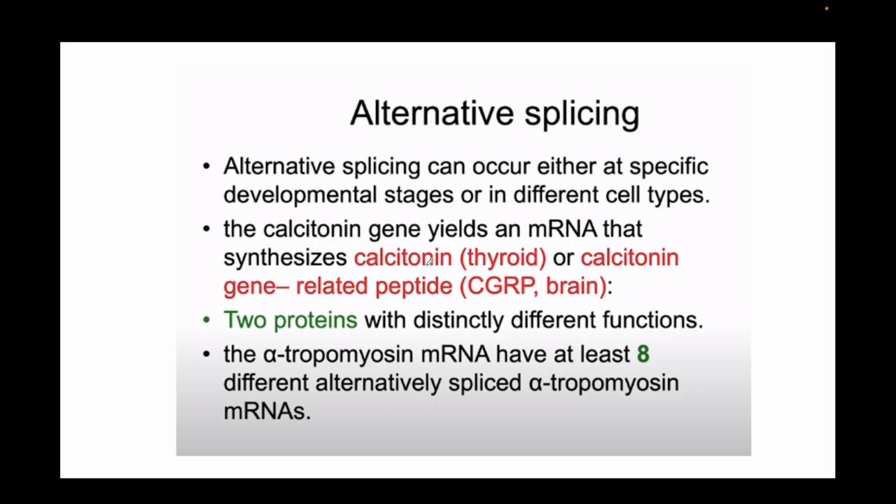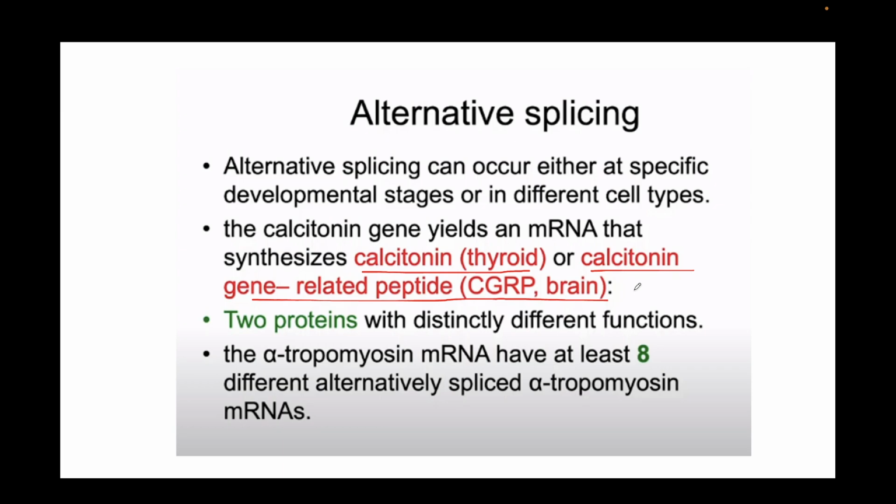The calcitonin gene yields an mRNA that synthesizes calcitonin, a hormone required in your thyroid, or also calcitonin gene related peptide, CGRP, in the brain. This is a very good example.